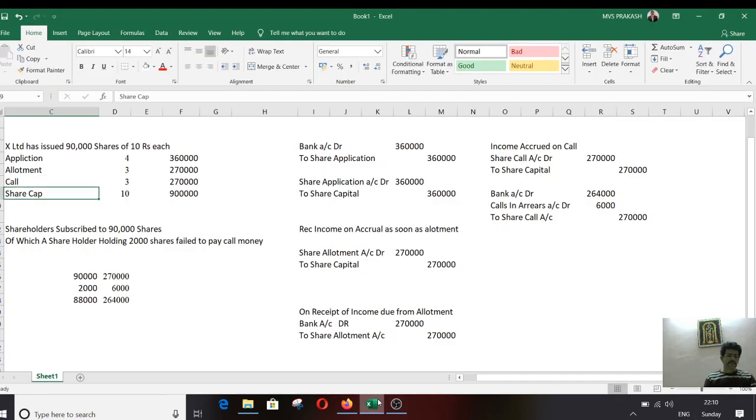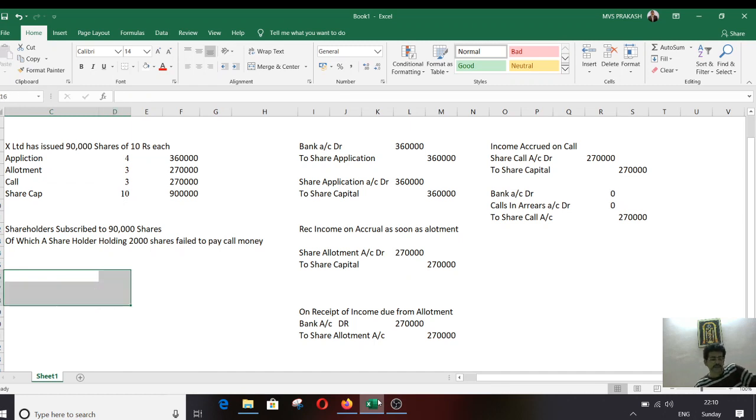Okay, now let us see the case where we have calls in advance. What is the meaning of advance? As I mentioned earlier, there is one shareholder who was holding 2,000 shares, for example. At the time of allotment itself, he has paid me some money for the call money. That means along with the allotment money, that person had also paid the call money. That is what is called calls received in advance.